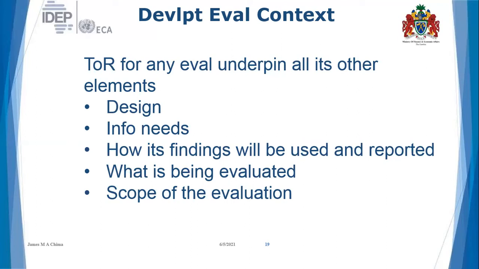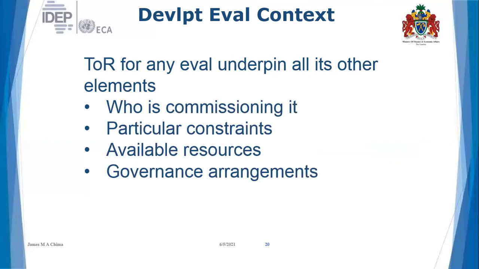What is being evaluated? What is the scope of the evaluation? What are the parameters? What are the borderlines? Where does it start and where does it end? Who is commissioning?